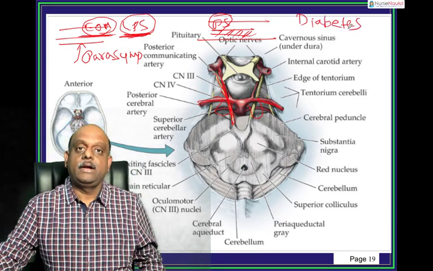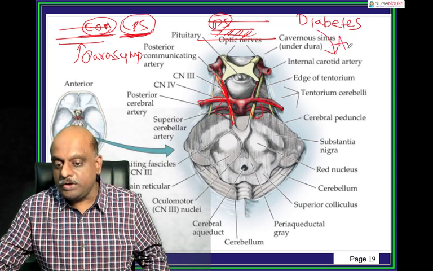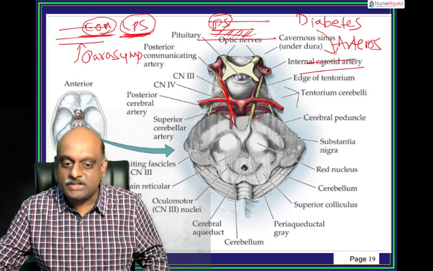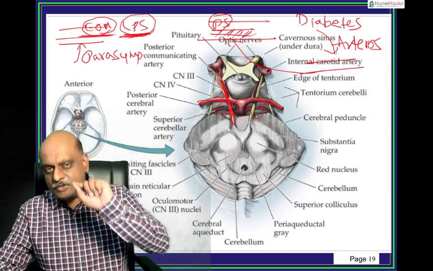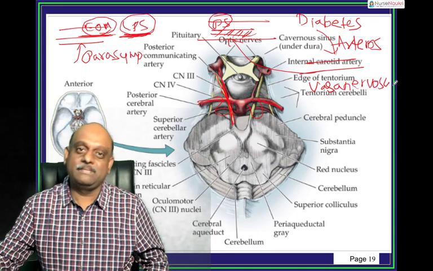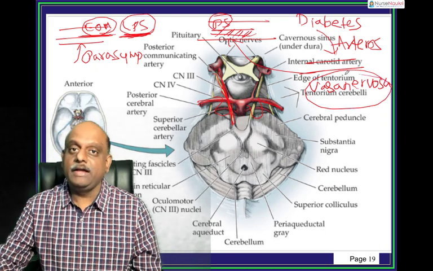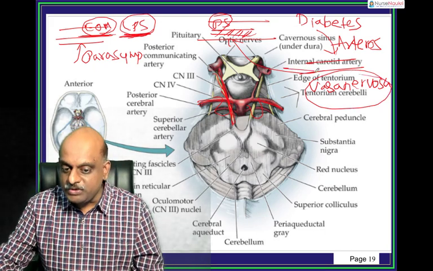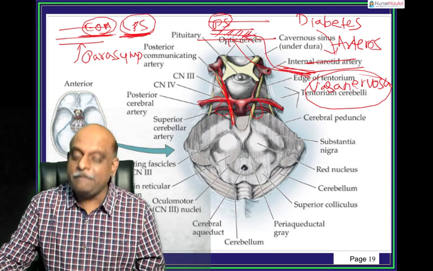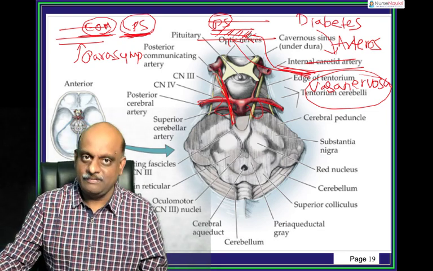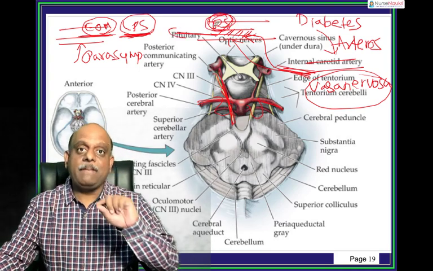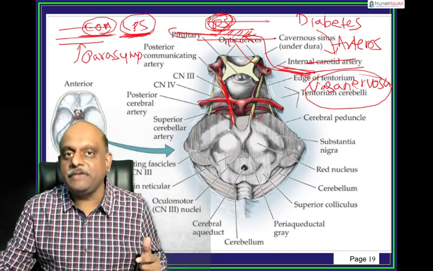Why? In diabetes there will be atherosclerosis and arteriosclerosis of the small vessels that supply the nerve. What do you call the small vessels supplying the nerve? Vasa nervorum. If lipid is deposited and the vasa nervorum gets blocked, then the blood supply to the central part of the nerve gets most affected, which is having the motor fibers. But the peripheral part, which is having parasympathetic fibers, is not affected.